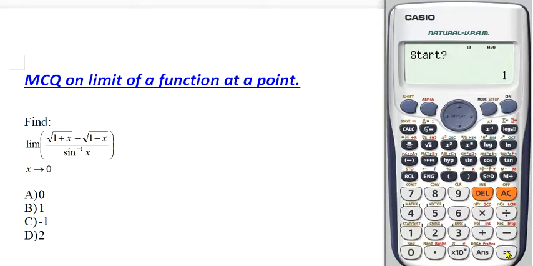Start, and here the variable x approaches 0. Let me approach this 0 from the left hand side first.